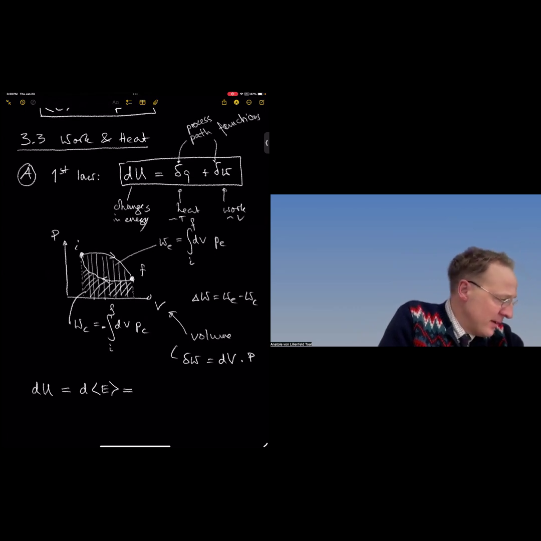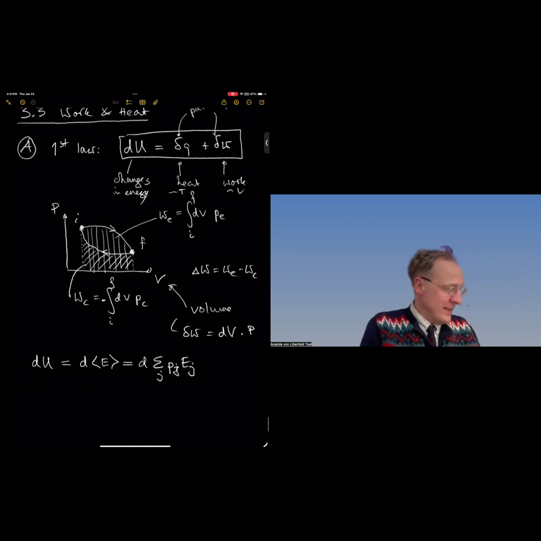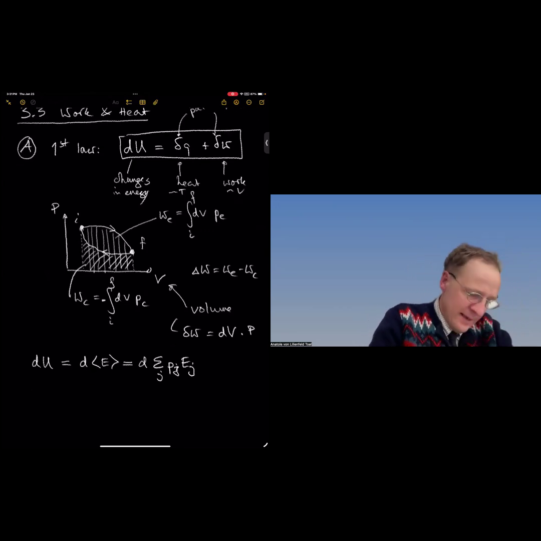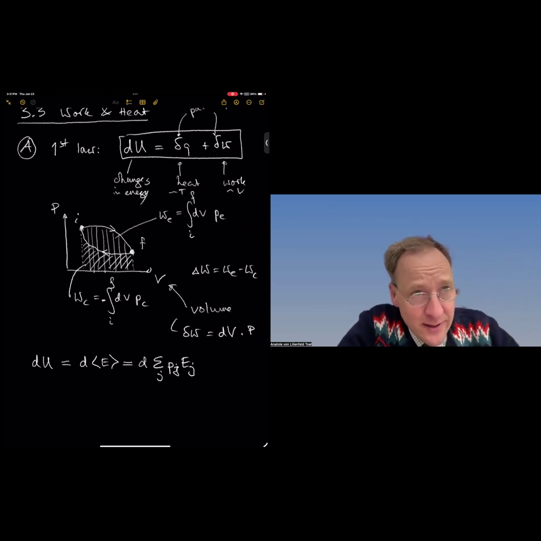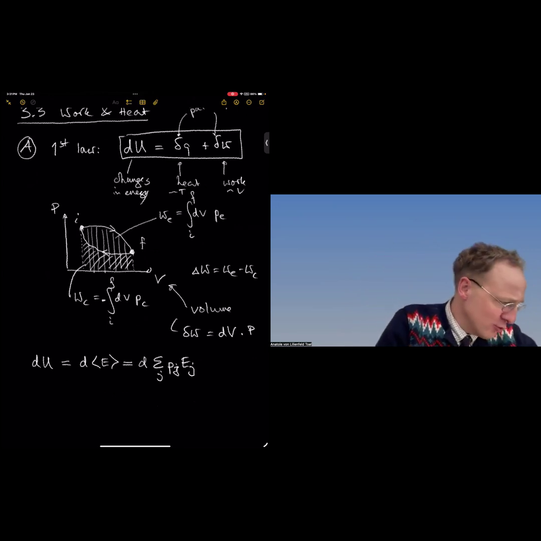You recall that this is the weighted probability sum over my energy states. And I now have to consider the total differential of a product of two functions, right? My Boltzmann probability and my energy. Right? So if I differentiate a product, I should apply the product rule. And that means I have two terms here.